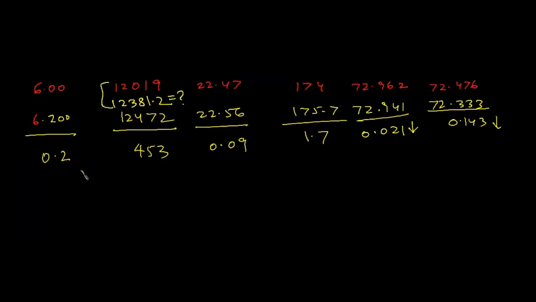So what is the difference? 12381.2 minus 12019 is 362.2. Any idea? The unitary method. For 453, the draft difference is 0.2.